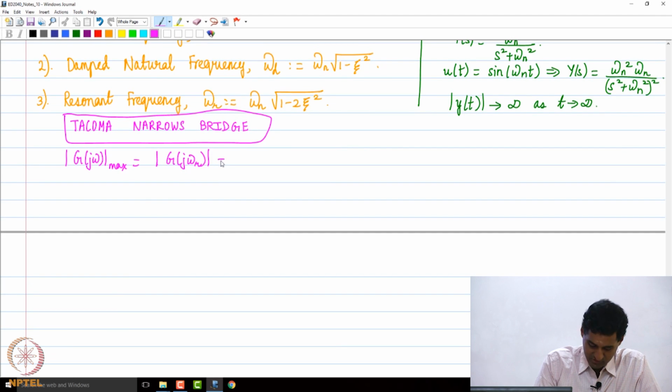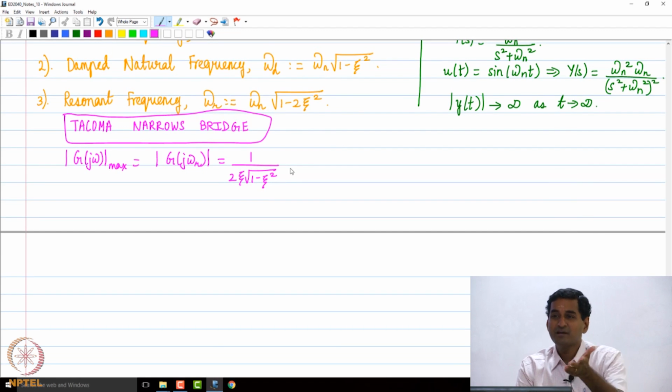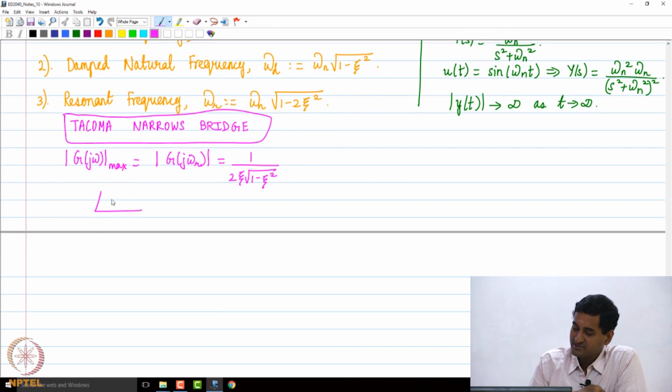The maximum value, which is the magnitude of G of j omega at omega equals omega r, is going to be 1 divided by 2 zeta times square root of 1 minus zeta square. You just need to plug in the value of omega in that expression. The phase of G of j omega at omega equals omega r, if you substitute in the equation for the phase, you will get minus tan inverse of square root of 1 minus 2 zeta square divided by zeta.